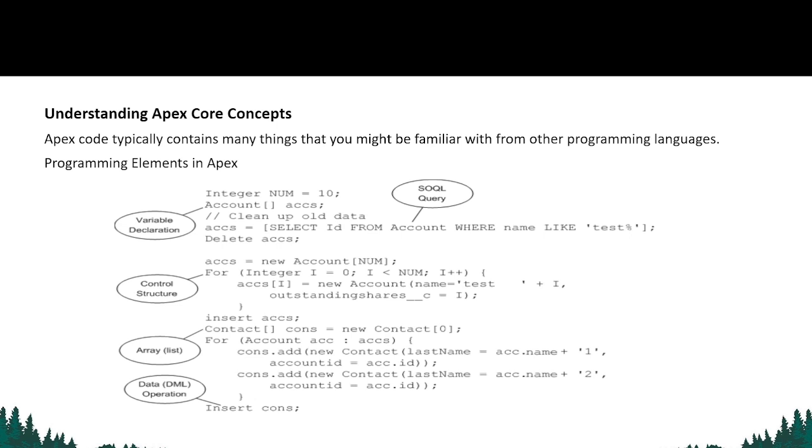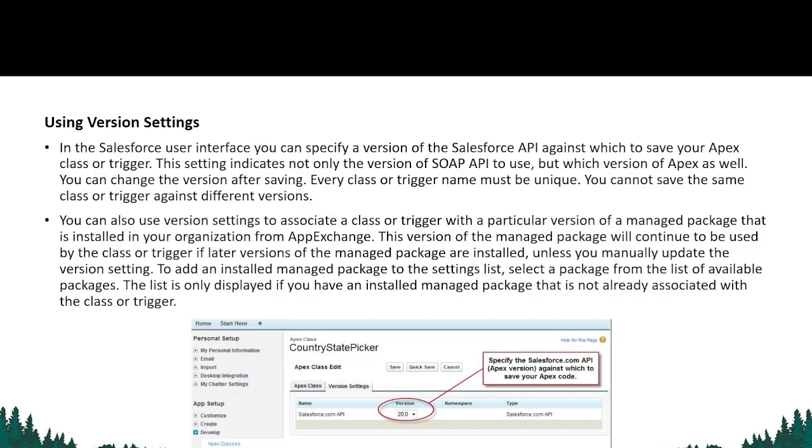Then we have the control structure, where you create a new object, which is a test object, because as I told you, unit testing is performed before accessing any Apex code. Then you create the array list. After that, the DML operation is also performed. So this is the proper structure that Apex code follows.